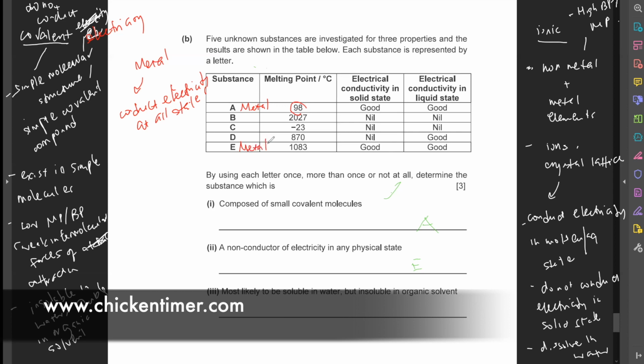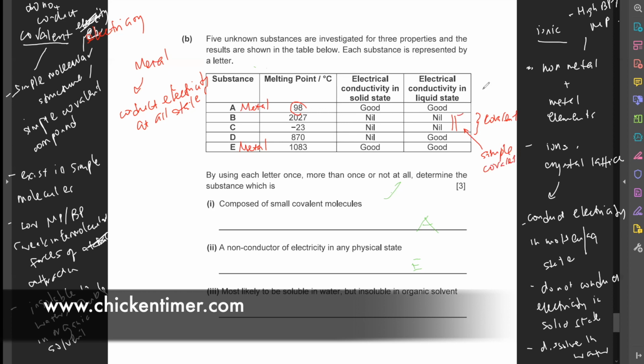Then we have B, C, and D. The two here that do not conduct electricity in all states are covalent compounds. Then the one with low boiling point will be the simple covalent compound.